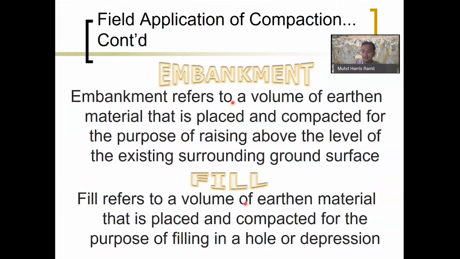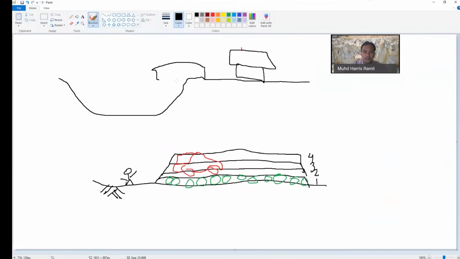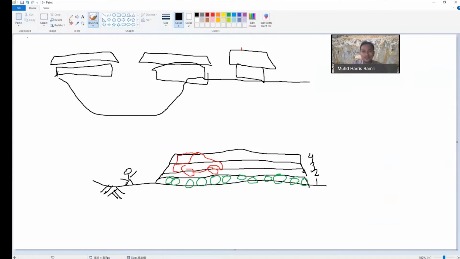So another one is fill. Fill is like when you have a cavity. Okay, you want to build a house here, and you're going to have a house here as well. In order for you to have a house in here, of course, you need to fill this hole, right?